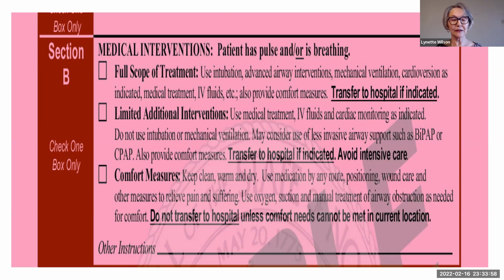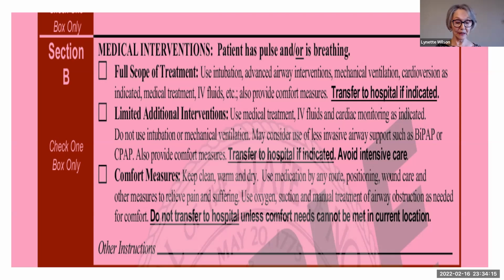This section's divided into 3 subsections. The first one is called full scope of treatment. And the goal in this section is to have everything done that's medically appropriate and possible to save someone's life.